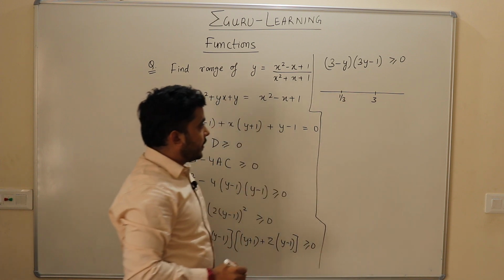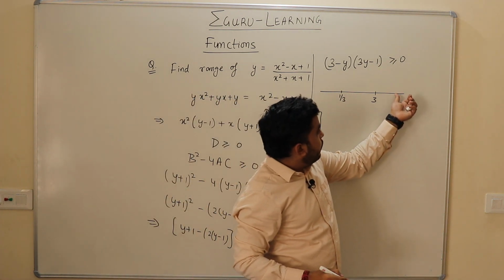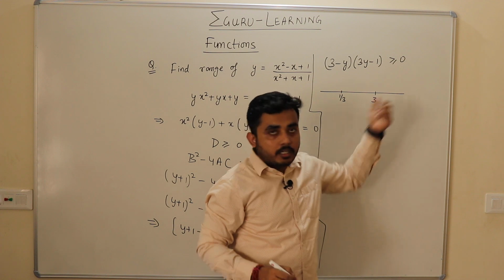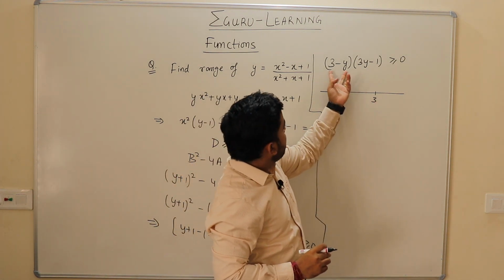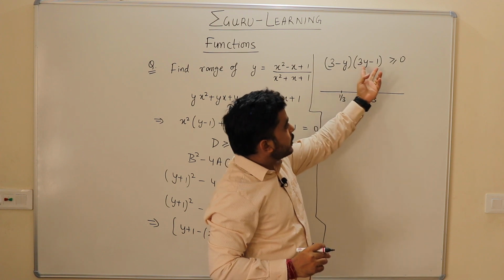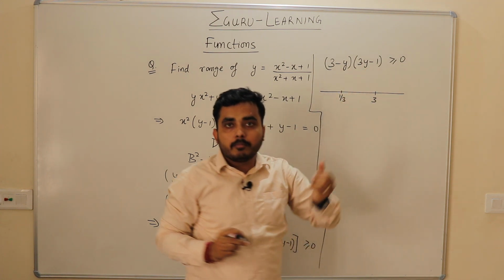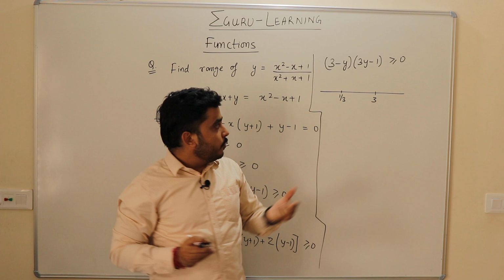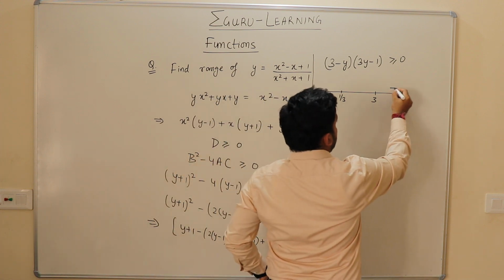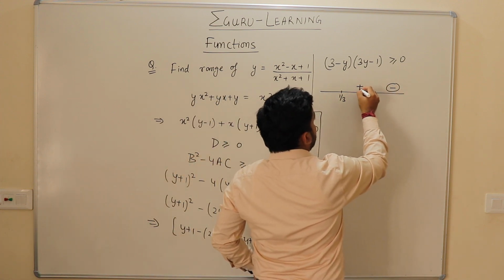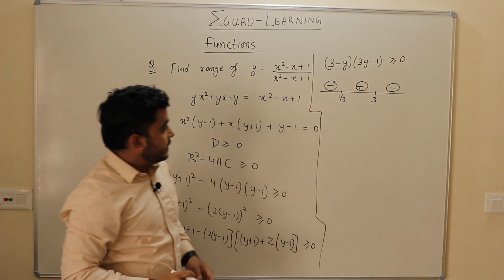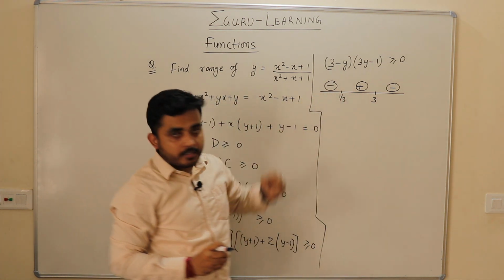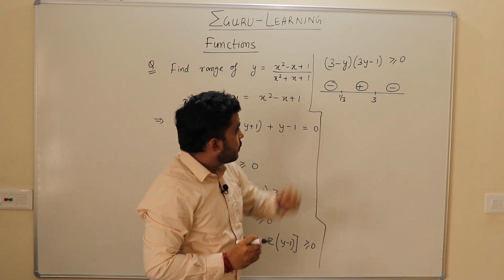Now let's check for the points. Let's consider any point beyond 3. If we take 4, then 3 minus 4 is negative and 3y minus 1 is positive, so overall it is negative. But we are looking for the region to be positive, so this is not the region we are looking for. This is the region we are looking for, and again, less than 1 by 3 is not the region we are looking for.